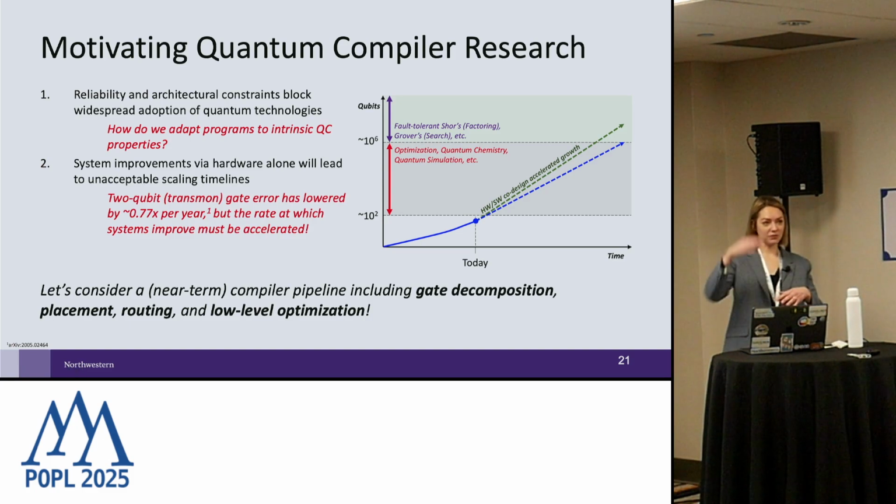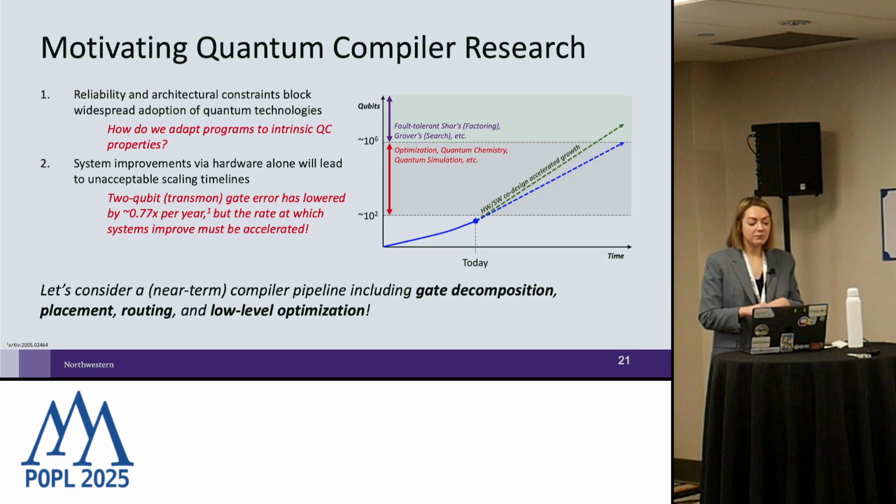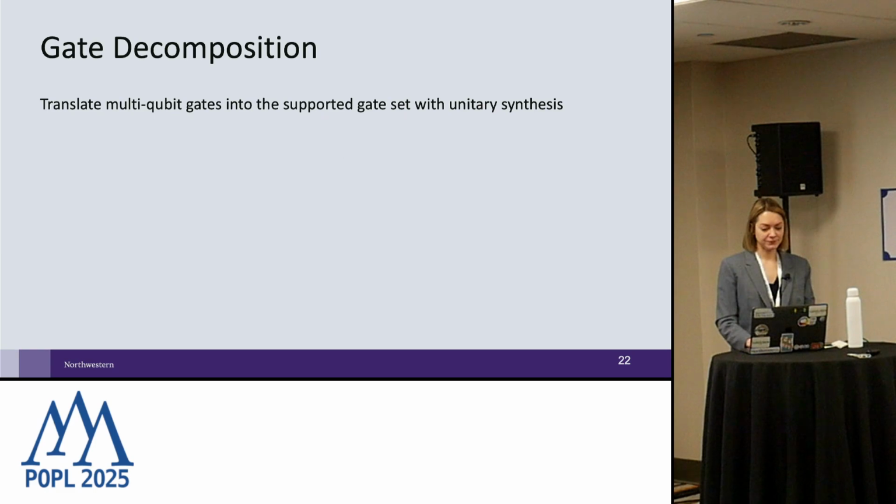So now we're going to consider a near-term compiler pipeline. Going back to the image of the workflow for compilation, it really will focus on the bottom end of the stack. We're going to look at what compilation looks like today with gate decomposition, placement and routing, and low-level optimization.